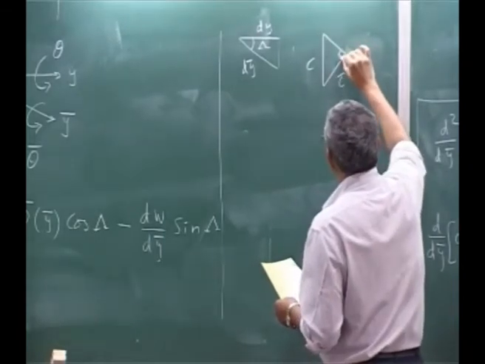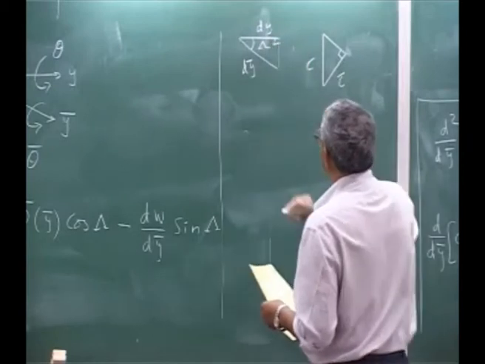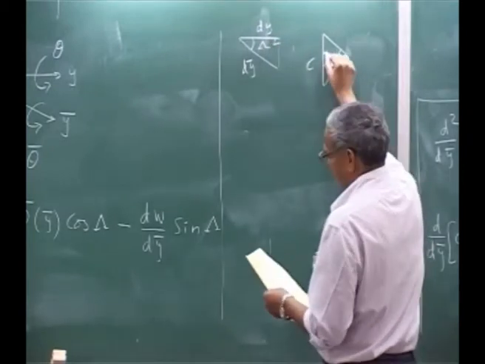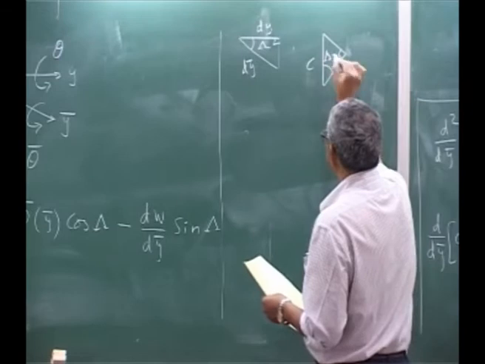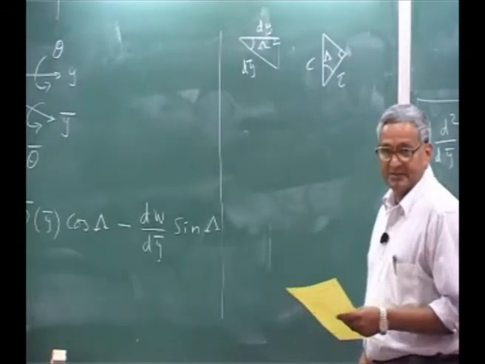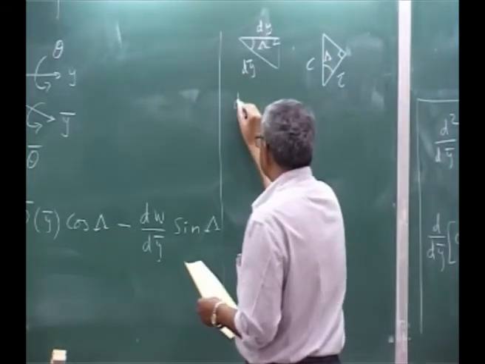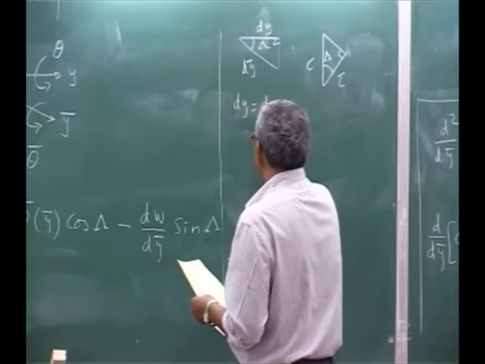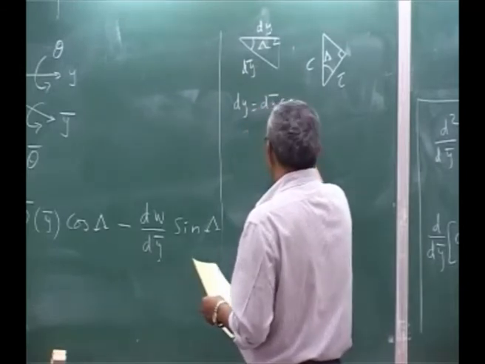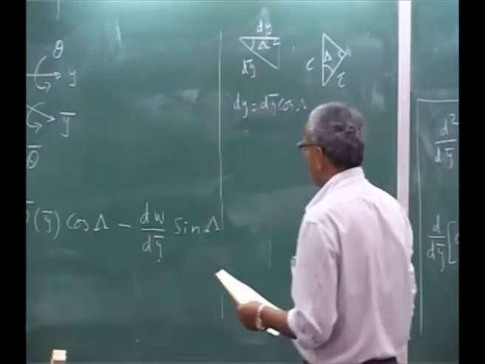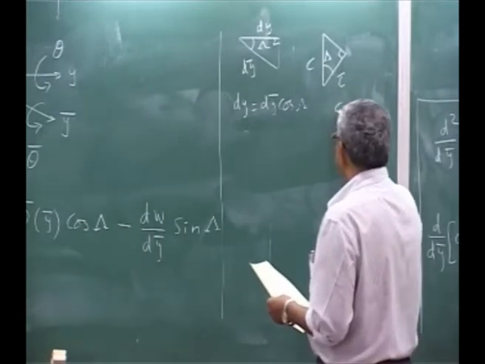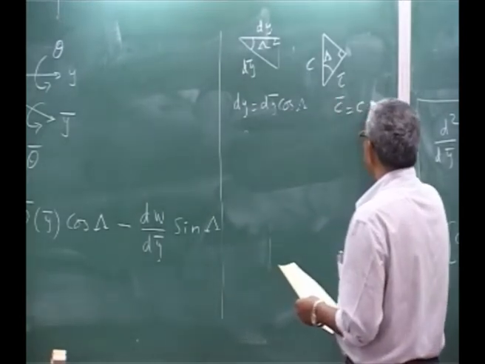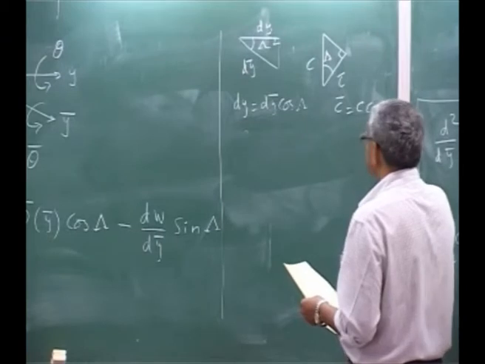Okay, this is 90 degree. Here this is 90 degree. This is again lambda. Okay, please understand dy is dy bar cosine lambda, and here C bar is C cosine lambda.